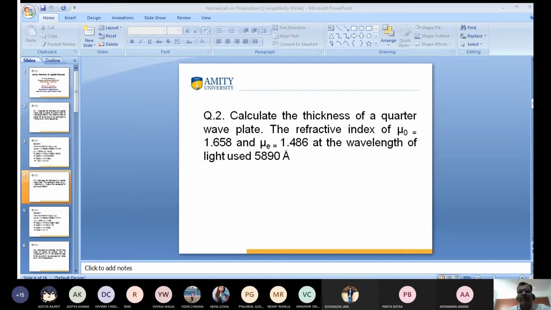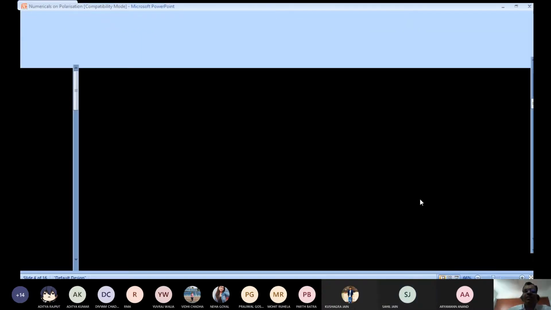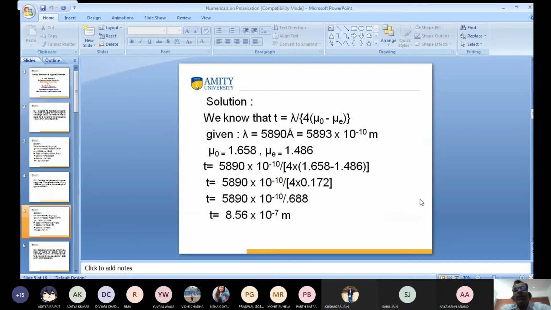Do you get my voice? Sahil Jain? Yes, sir, I am getting 8.56 into 10 raised to the power minus 5 centimeter. Okay, very good. So this is the answer, 8.56 into 10 to the power minus 7 meter, which is minus 5 centimeter.